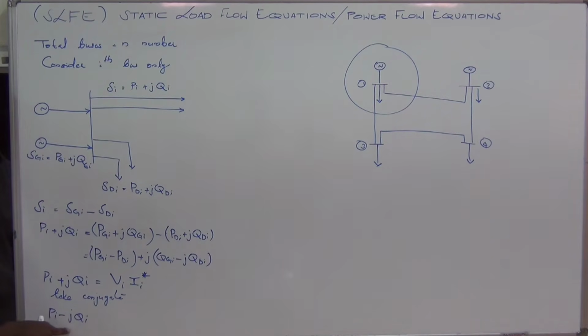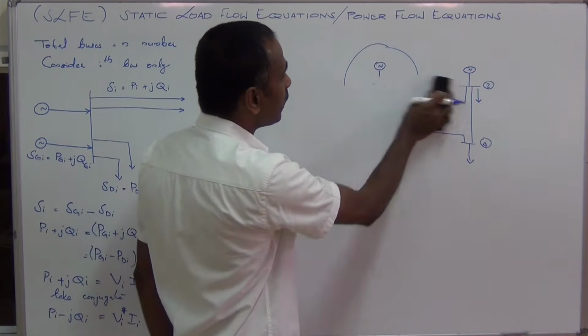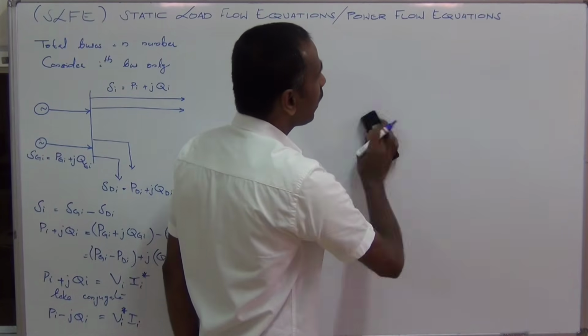The plus j term becomes minus j when you take the conjugate. On the right hand side, Vi becomes Vi conjugate and Ii conjugate becomes Ii. You are taking the conjugate because it is easy to work with Ii rather than Ii conjugate. I would like to work with Ii. That's why you are taking the conjugate here. Now let us write the equation for Ii, the current injected at the ith bus.